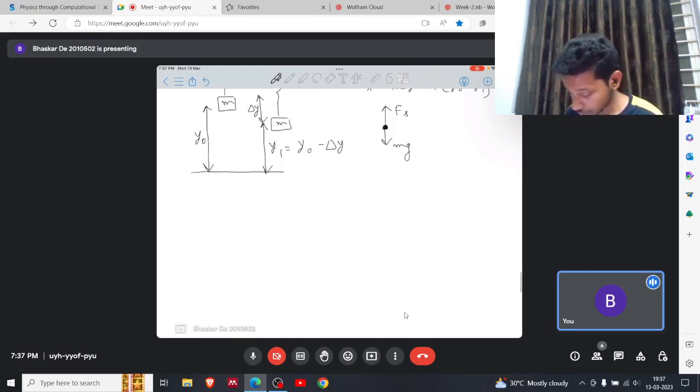The net force on the mass is 0 at equilibrium. So Fs minus mg equals 0. So minus k delta y equals mg.